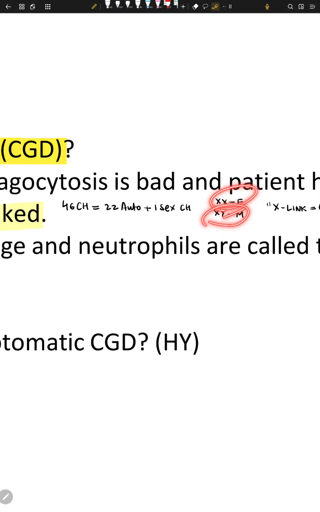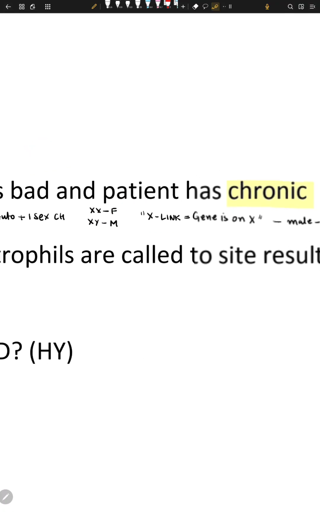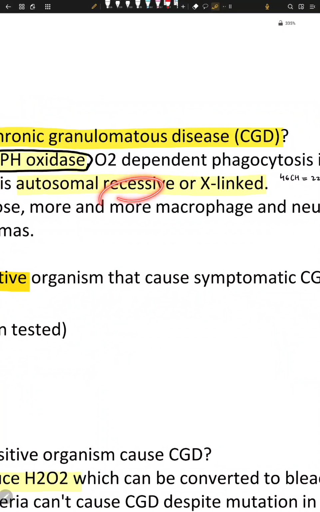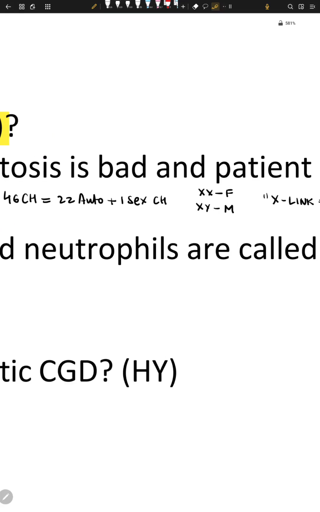You can get Y or X from the male, but from the female you will 100% get X. If it's X-linked, it means it only stays on the X part. It's recessive, so you have to have both messed up.